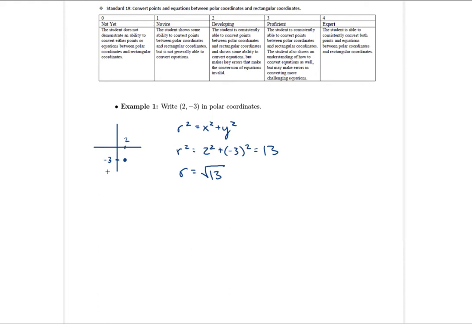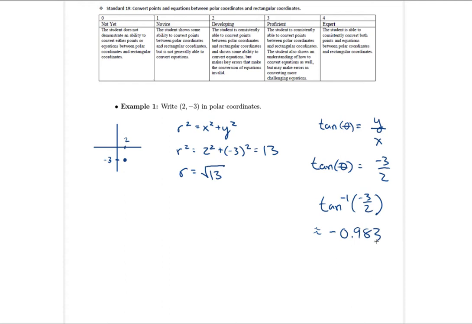But what about the angle? We know that the tangent of the angle should be y over x. So that means the tangent of theta is equal to -3 over 2. So what we want to do here is take the tan inverse of -3/2. And that gives you approximately -0.983. So we're saying theta is about -0.983. Does that make sense?